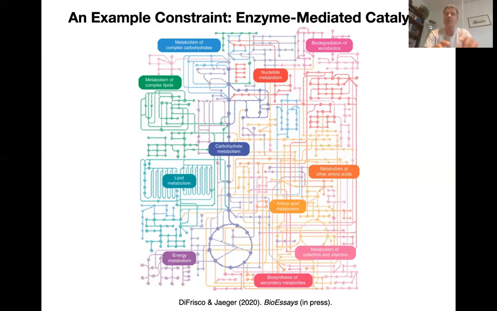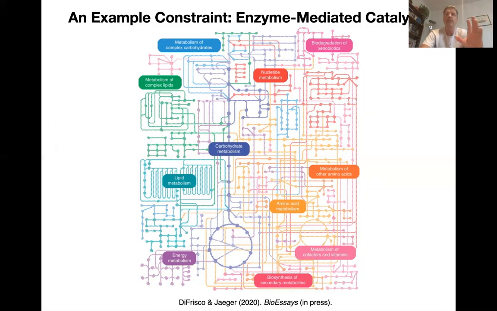There are many more reactions that could occur, but by catalyzing these particular reactions, this particular network emerges from the set of all possible chemical reactions that the metabolites could undergo if there were no enzymes. And that distinguishes a living metabolic system from a non-living, dead mixture of chemicals.